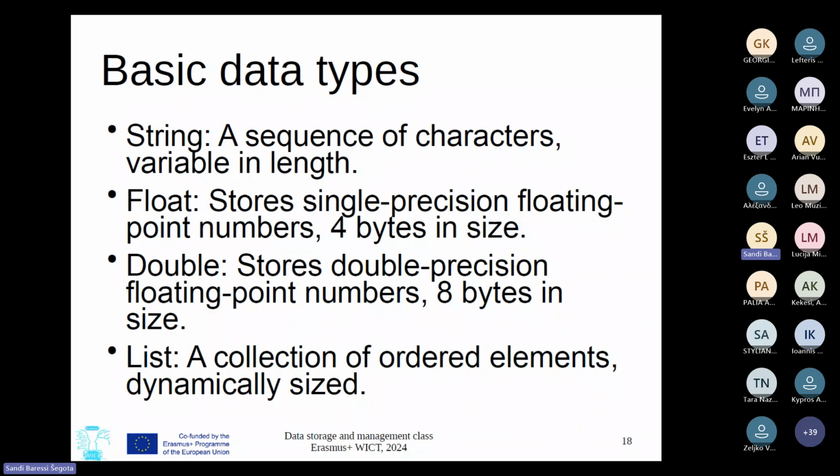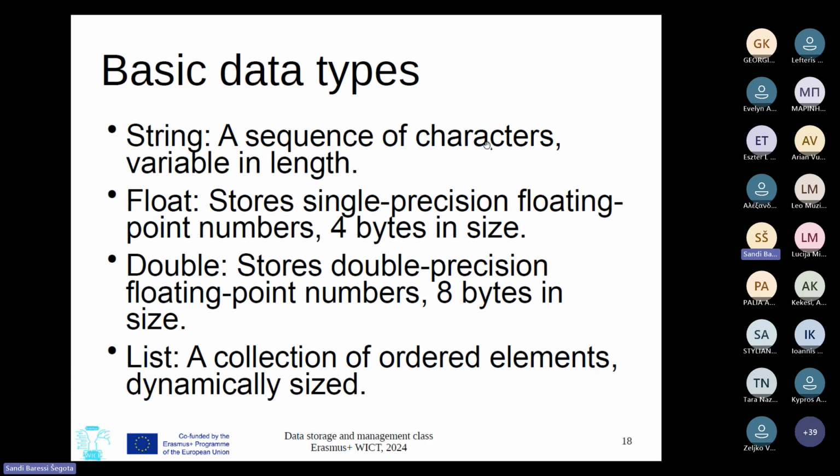Float usually uses 32 bits, and double usually uses 64 bits, or in other words, as it says on the screen, 4 bytes or 8 bytes. Again, what should you use? That depends on your needs. You don't always need to default to using double. You can sometimes use float, it's good enough for you.